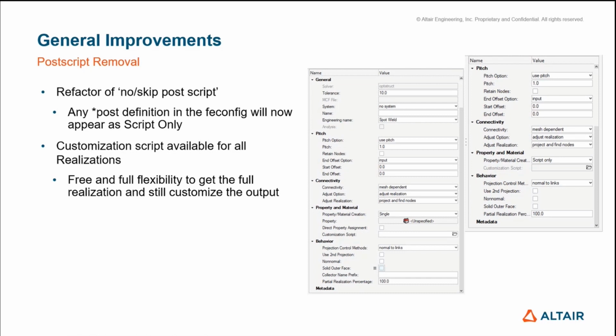This is now really leveling out and finally enabling, from a functionality point of view across a broad spectrum, how you would go through the process of customizing and editing all of your connectors. So unless you specifically go via customization script, then you shouldn't see any real difference for those who still have legacy PostScripts defined in the FE config file.